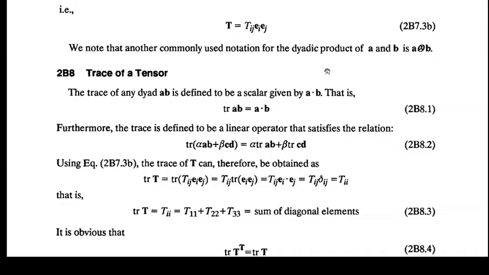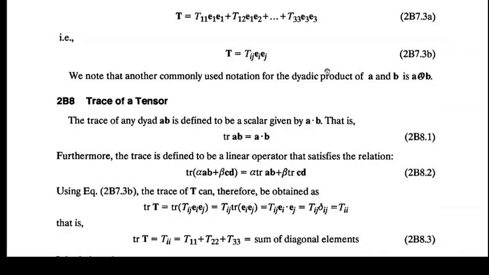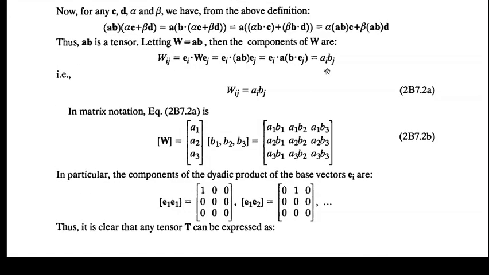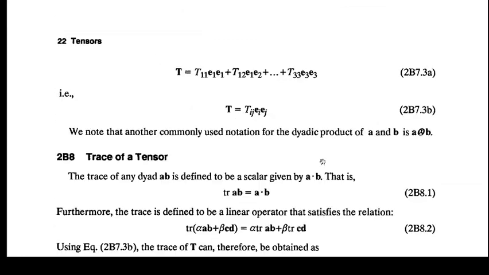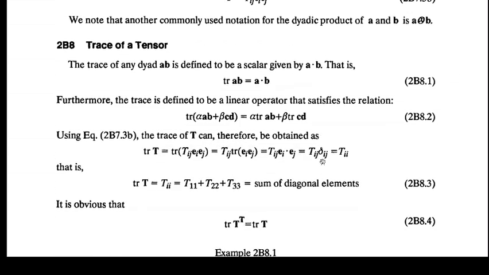Now, trace. Trace is a scalar number. You can define the trace of the dyadic product AB as A dot B. You know that trace is simply the sum of the diagonal elements, A1 B1 plus A2 B2 plus A3 B3, so it is A dot B. Furthermore, the trace is a linear operator.